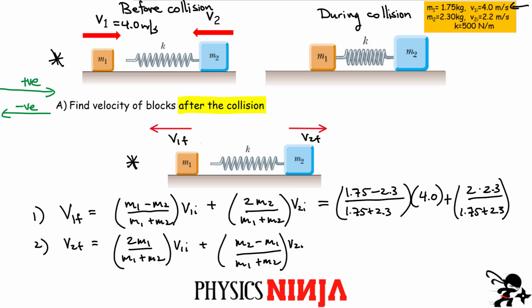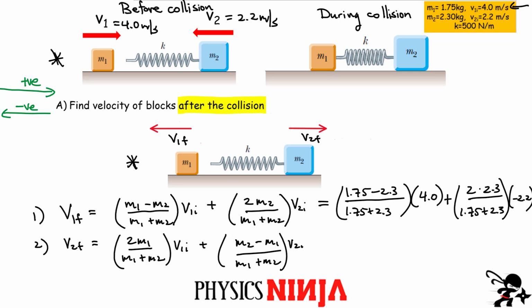The last thing I need to do is multiply by the initial velocity of block number 2. It is listed here as 2.2, but keep in mind, it is moving in a different direction. So actually what you have to do here is put negative 2.2 inside my equation. Otherwise, it's not going to work out.